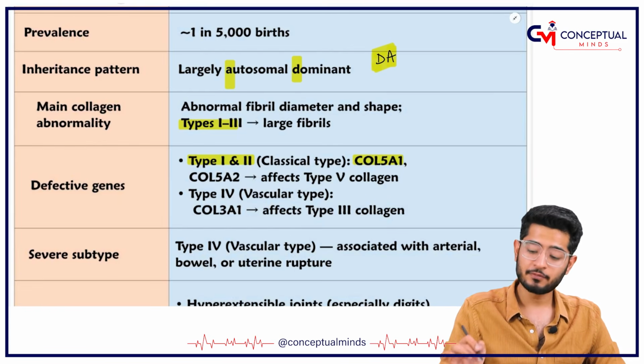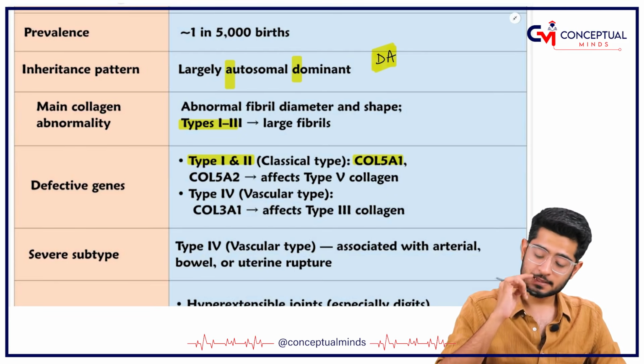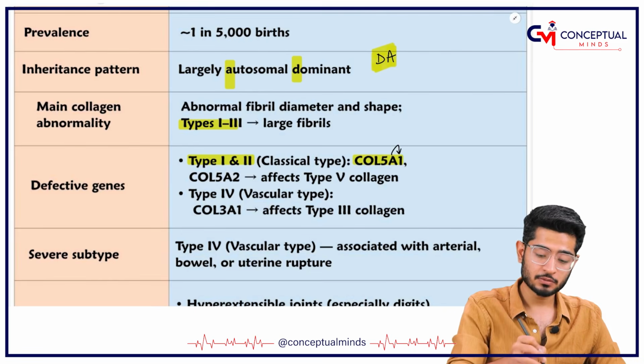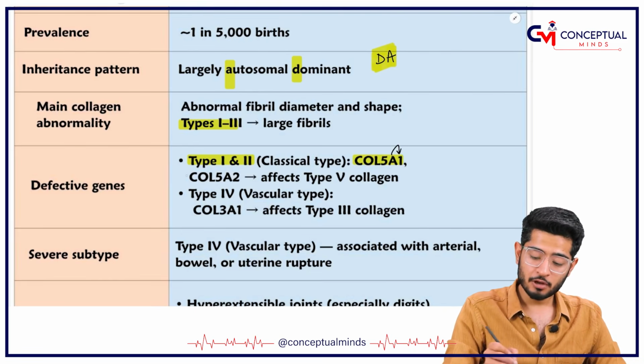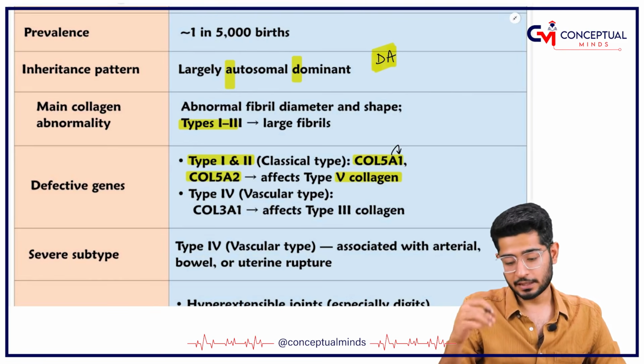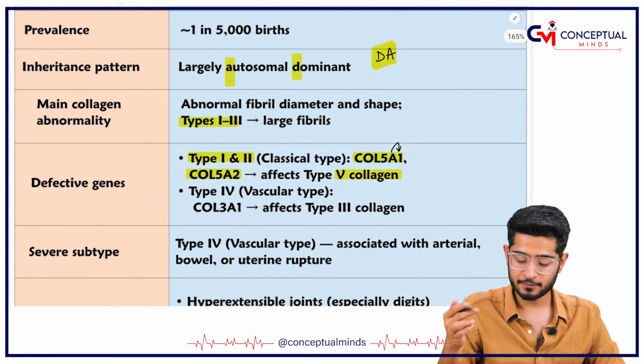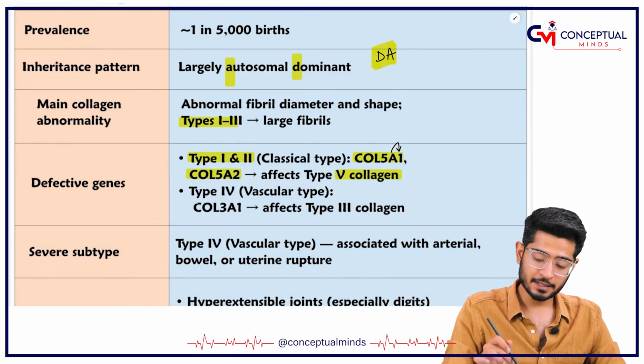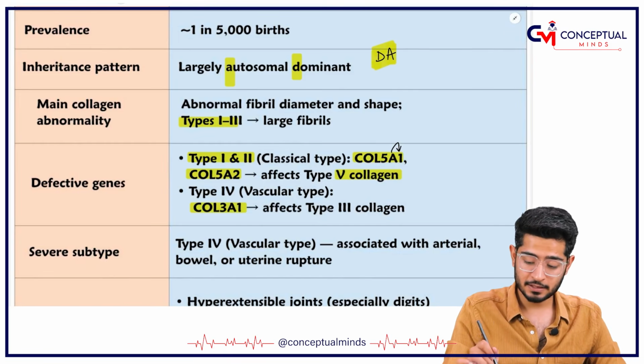The gene is called COL5A1, which affects type 1 and type 2 because it's A1, whereas COL5A2 affects the type 5 collagen, and this is the classical type. And COL3, that's type 3, is actually the vascular type.